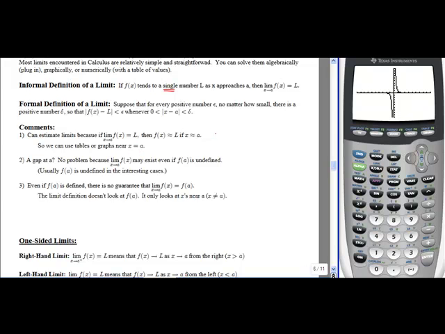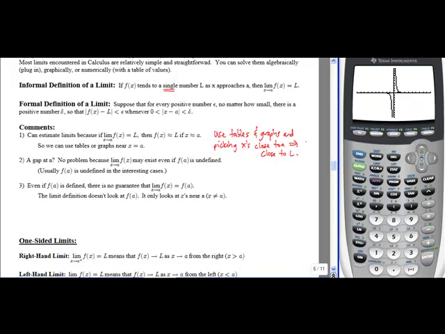So as long as we're using tables and graphs and picking our x's close to a, that will get us close to L.